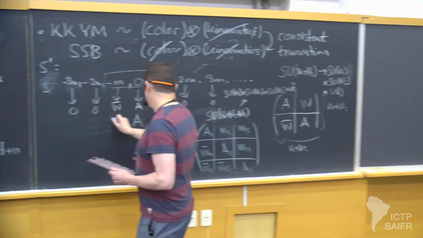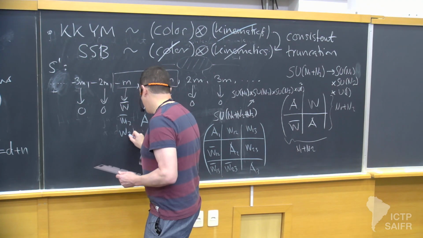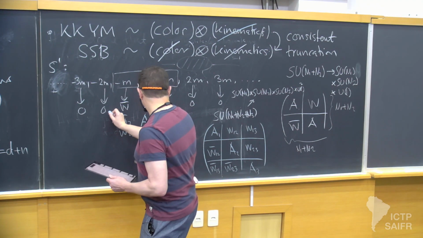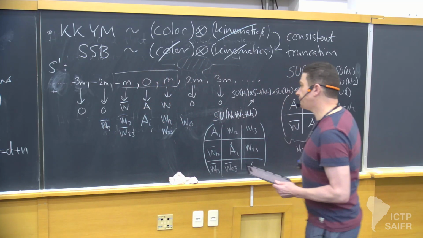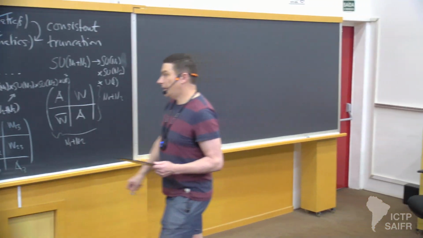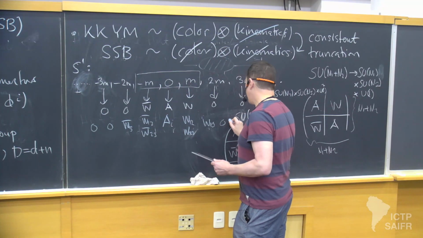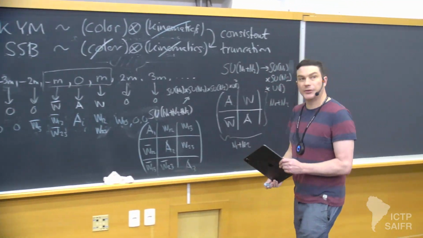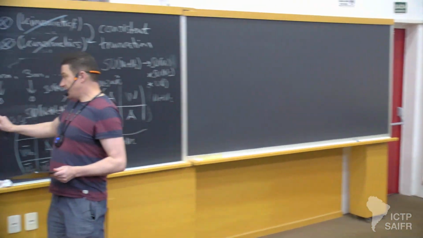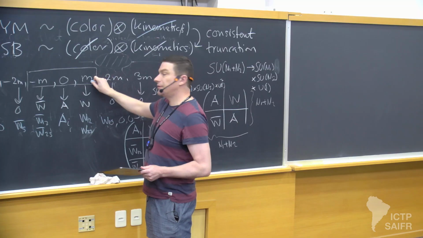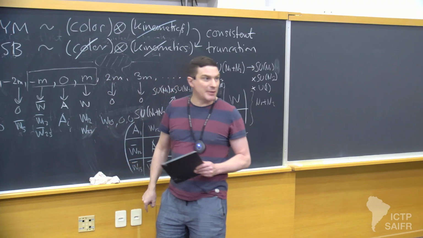And here you put W12 bar, W23 bar, and here you put W13 bar. And for the rest, you just put 0. So that's one way to do it, and this will also be consistent. So now you have W bosons of different masses. This one will be twice as massive as this one, but you still have degenerate masses, right?